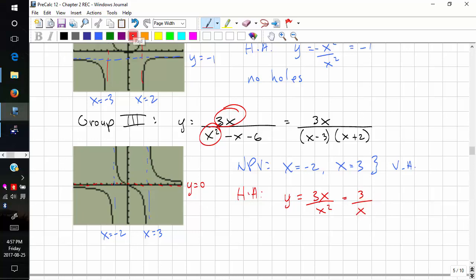What we want to do is consider large values of x. And we also want to note that there's no holes here. And that completes this lesson.